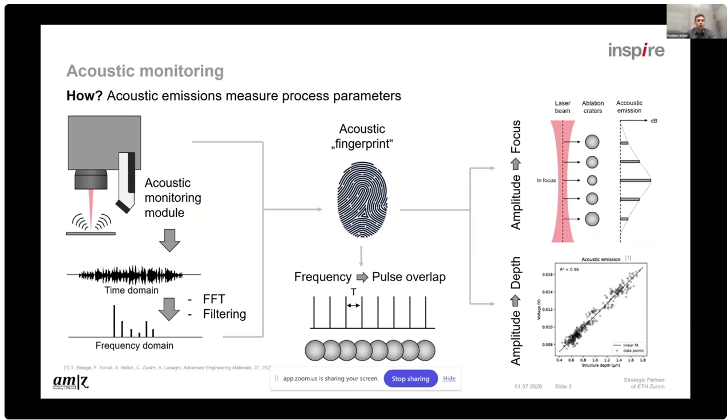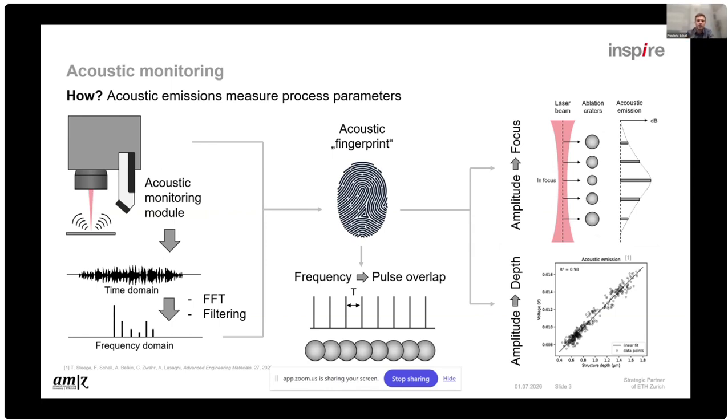Here you can see what information we can theoretically extract from this acoustic monitoring. Here on the left, you see an example acoustic monitoring module mounted to a laser texturing setup. We can analyze the signal in the time domain and in the frequency domain, and we can find all sorts of correlation.